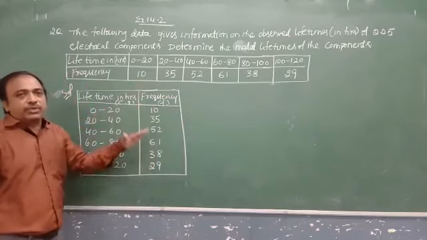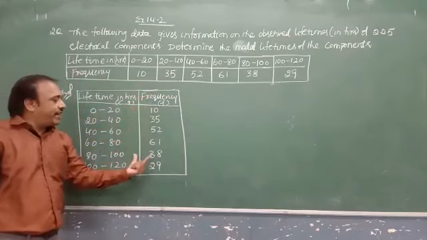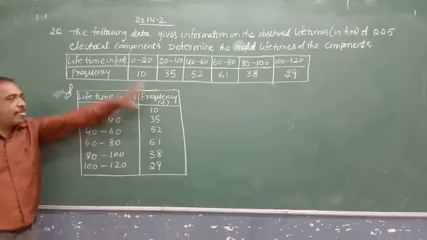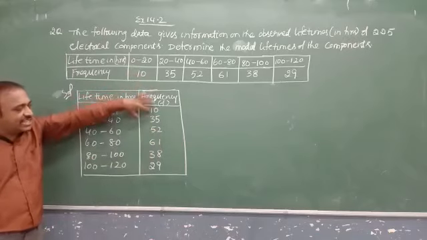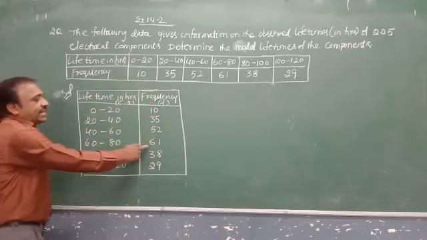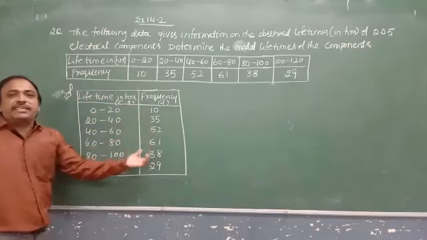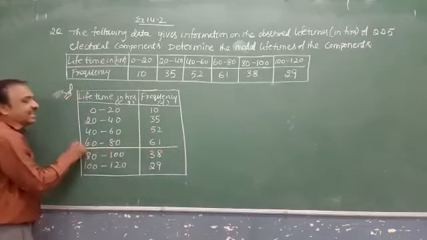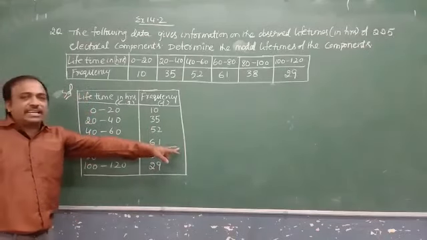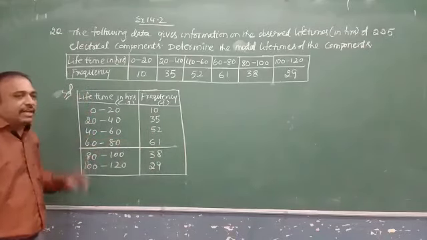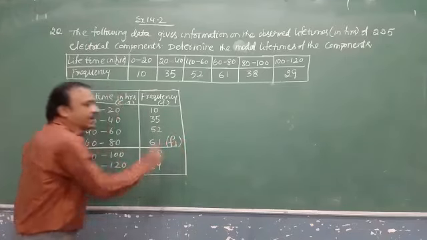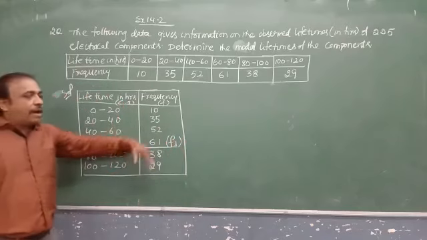First and foremost, you have to identify the highest frequency in the frequency column. Which is the highest frequency? 61. As soon as you identify it, underline it completely, till the class interval. Wherever you underline, that is F1.